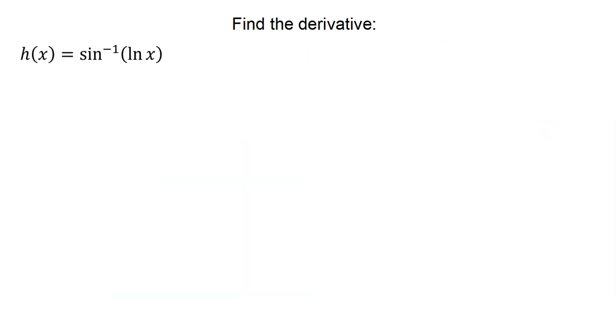For number 9, we've got the inverse sine of the natural log of x. So again, this is just going to be y equals the inverse sine of u, where u is natural log of x. This one's a little bit simpler here because we don't actually have a chain rule within the chain rule, right? We just have natural log of x. So our derivative should be just dy/du times du/dx.